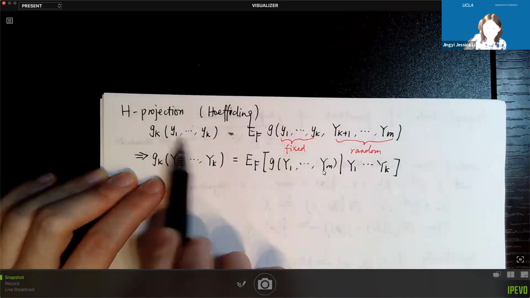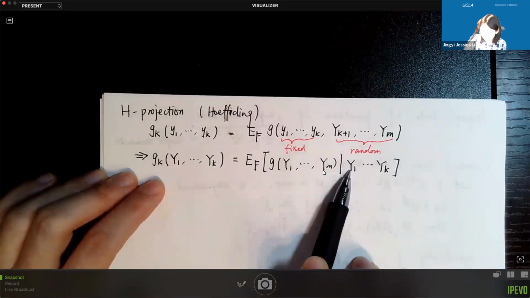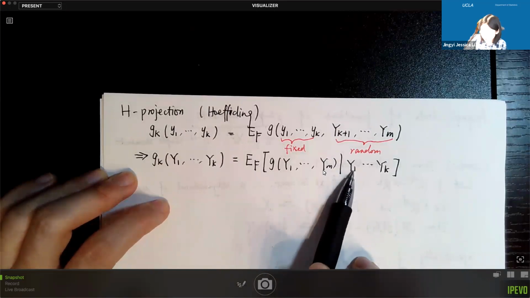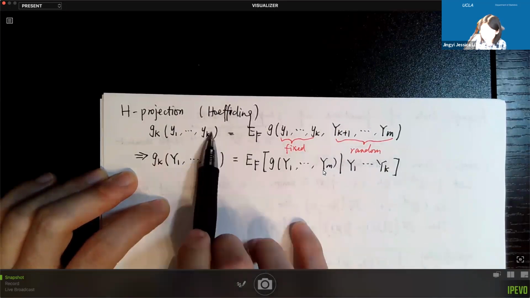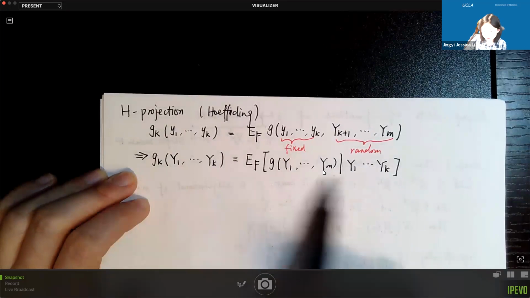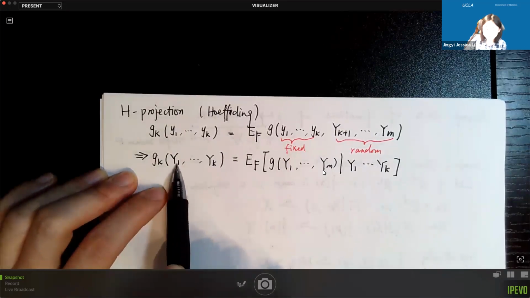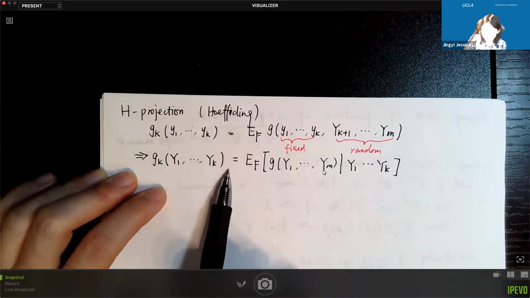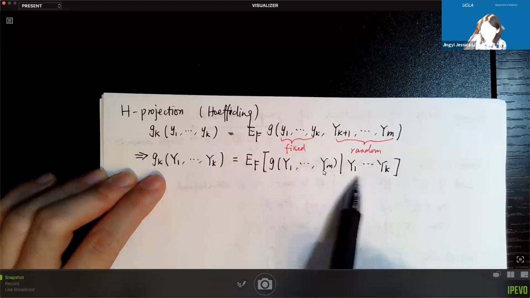You see, the earlier definition can be considered a special case of this. It is when uppercase y1 equals lowercase y1, up to uppercase yk equals lowercase yk. But this is the more general way of writing it. I can still change my y1 to yk. They're random variables, but when I change them, they will only be reflected in the conditioning.